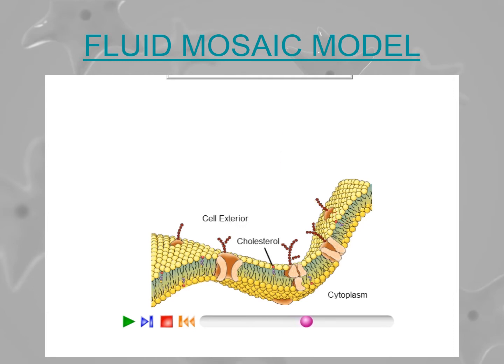Cholesterol is also found in the plasma membrane. It helps to stabilize the phospholipids by preventing the fatty acid tails from sticking together. Proteins that span the entire membrane form the selectively permeable membrane that regulates which molecules enter and which molecules leave a cell. Carbohydrates sticking out from the cell surface identify chemical signals and prevent the cell from succumbing to infection.